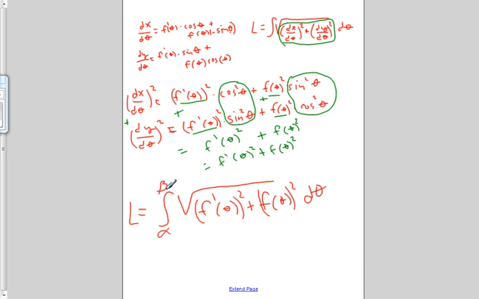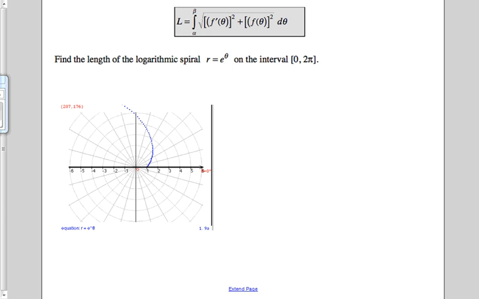Pretty nice. It's just the derivative squared plus the function squared, square rooted. Okay, so let's look at an example of that.